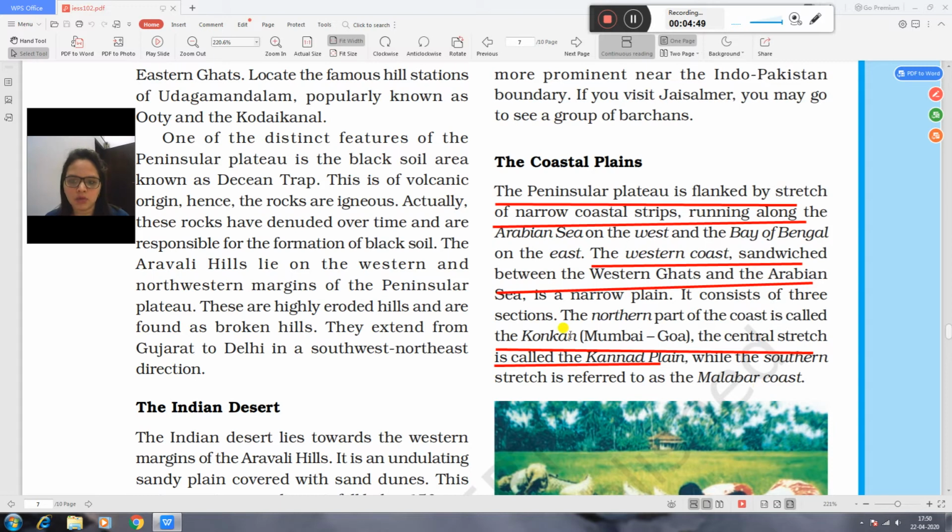The area between Konkan and Malabar is known as the Kannada plains. So on the western side there are 3 coastal plains: the first is Konkan, the second is Kannada, and the third is Malabar.